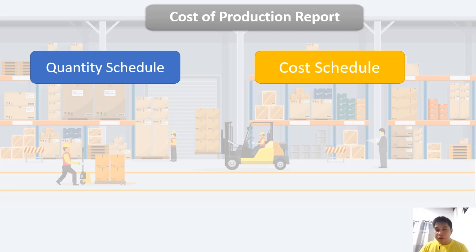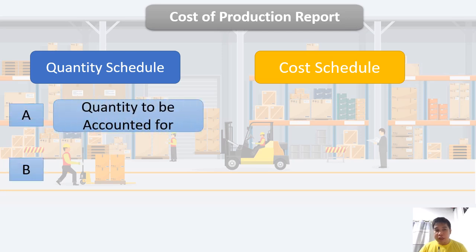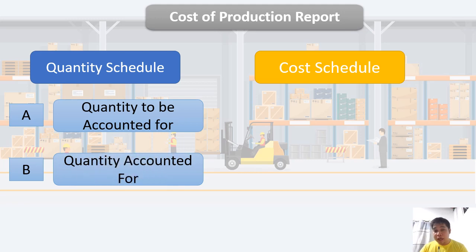The quantity schedule contains the units that we produce in the specific department being discussed. The cost schedule contains the costs involved related to the units we manufacture per department. Under the quantity schedule, we have 2 portions: letter A, the quantity to be accounted for, and letter B, the quantity accounted for.